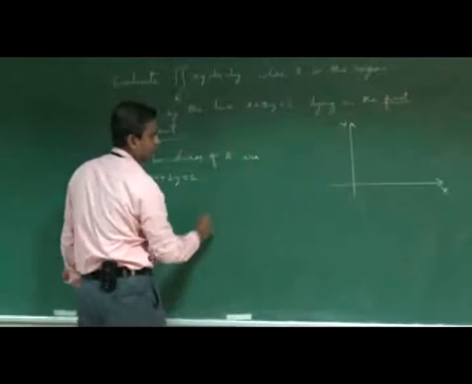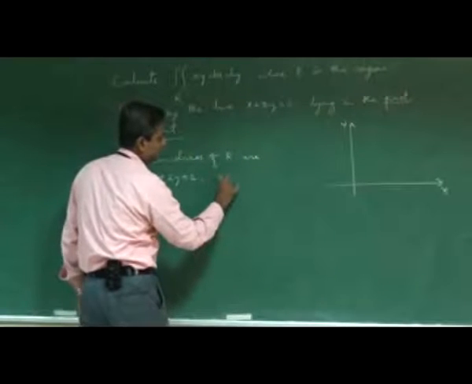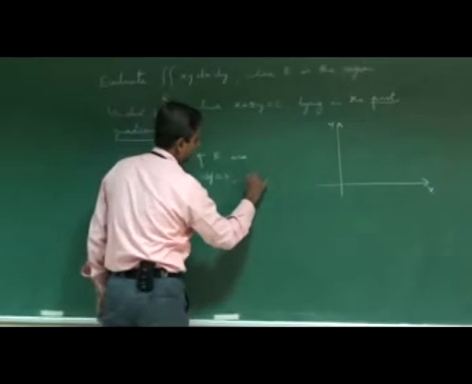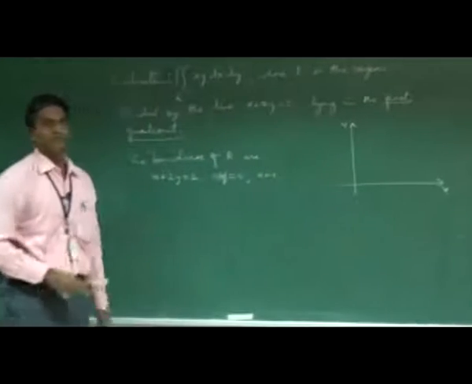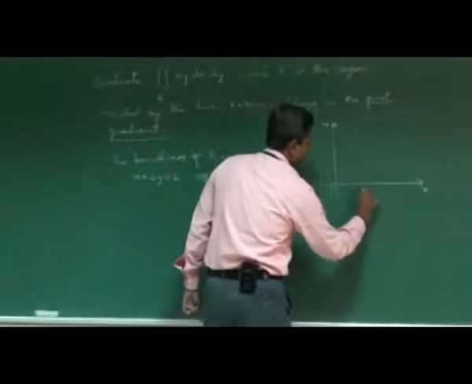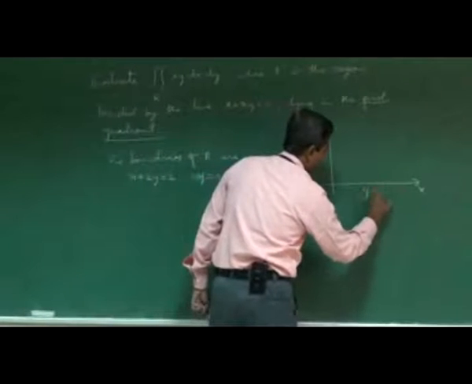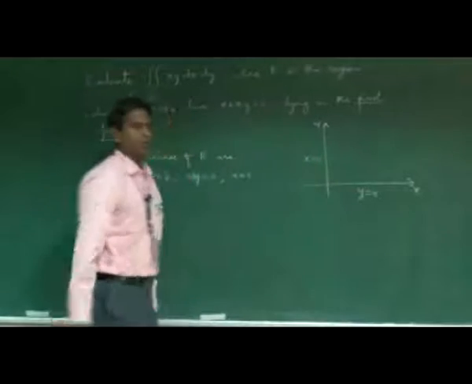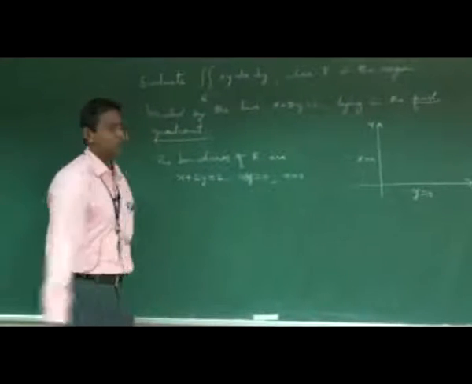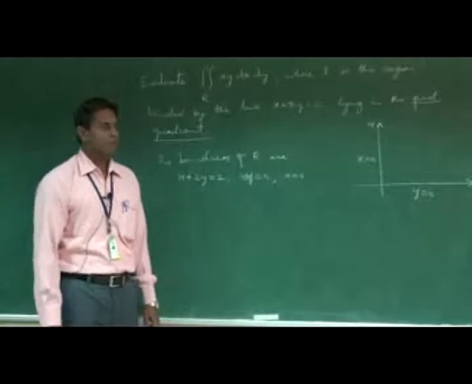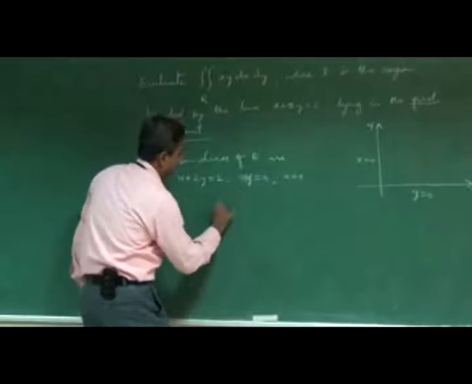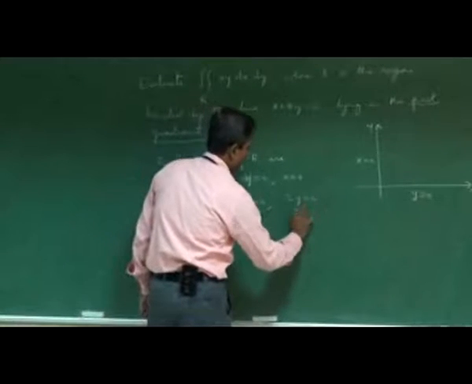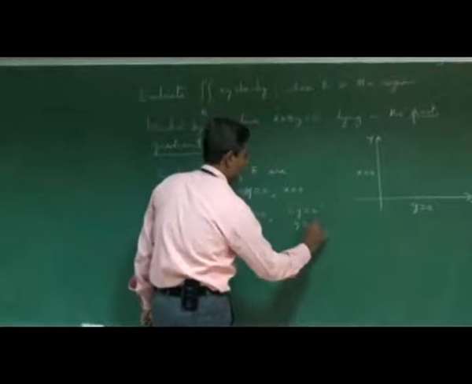So in the first quadrant, on the x-axis y equal to 0, on the y-axis x equal to 0, and we draw the line x plus 2y equal to 2. That is how to draw the line. When we take x equal to 0, we get 2y equal to 2 and y equal to 1.